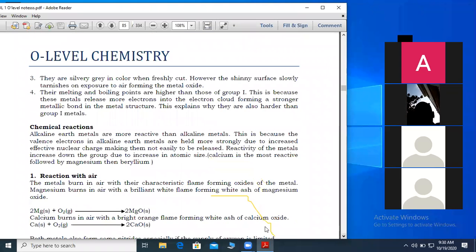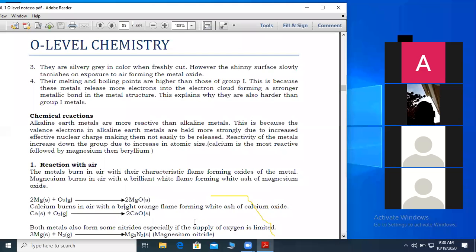So its reaction does not change. This is the equation. When we ask for the equation, many people forget to balance. There is a 2 on magnesium and 2 on magnesium oxide.